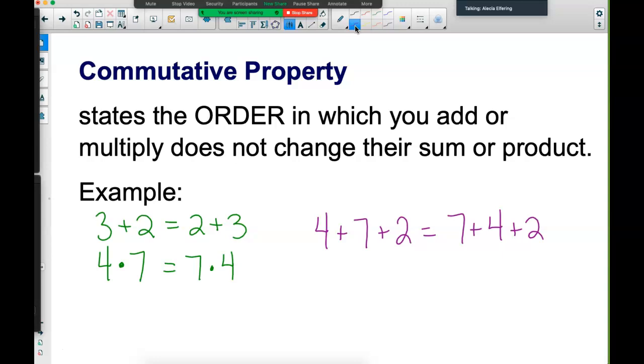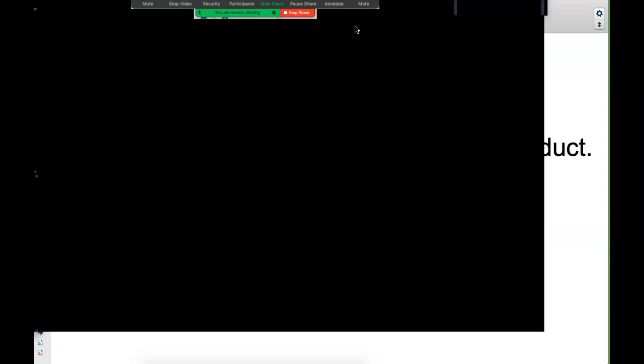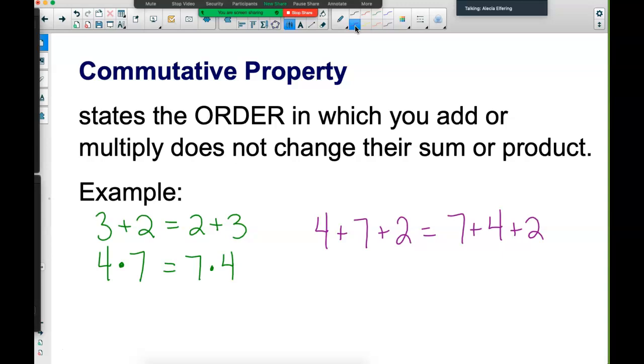We're just switching up the order of the numbers. There's more than one way. So I could have said 7 + 2 + 4, or 2 + 4 + 7. So there's lots of possible ways I could switch it up. But I'm just changing the order of the numbers.